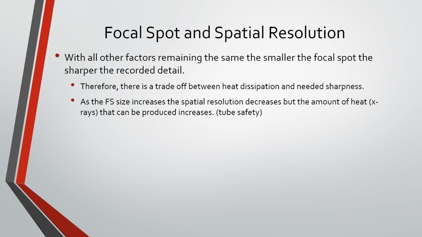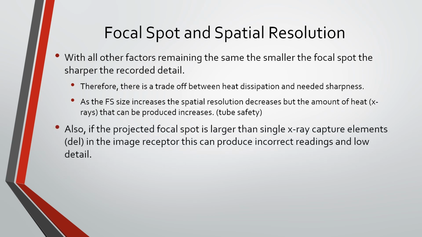This is an inverse relationship, but the amount of heat, meaning X-rays, that can be produced increases. This is for tube safety. So the focal spot size and the heat dissipation are directly related. They might not be linearly directly related, but we'll learn more on that in the physics lessons.